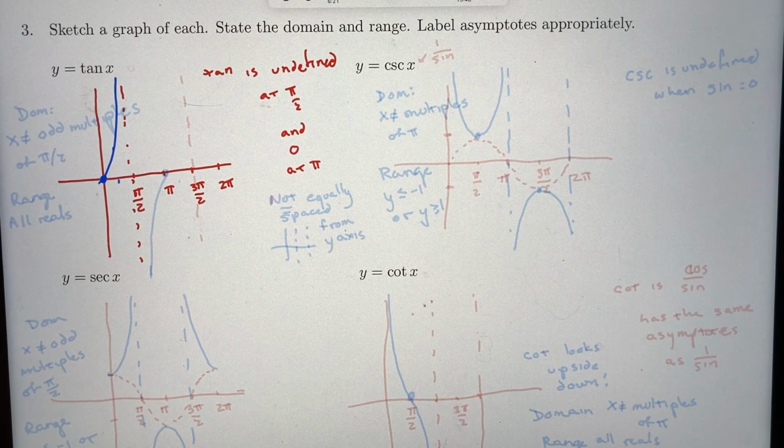Now, it's 0 at pi, and the next asymptote is at 3 pi over 2. So notice the asymptotes are, unlike the hash marks, not equally spaced.